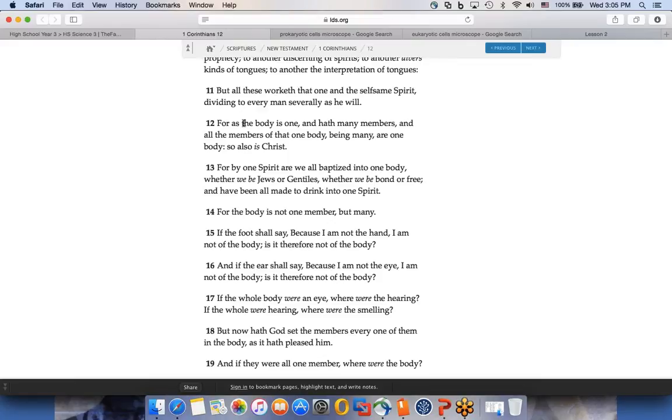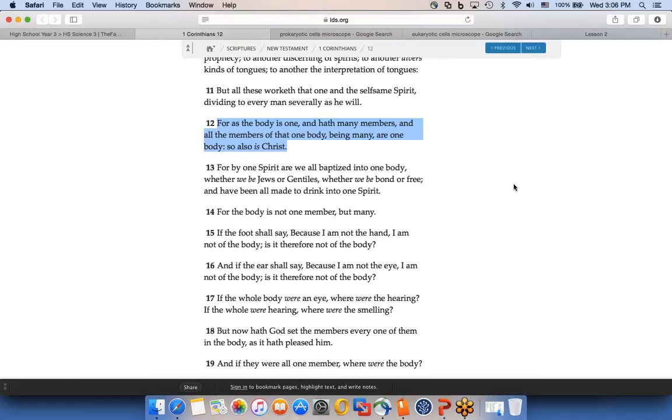It says, for the body is one and has many members, and all the members of that one body, being many, are one body. So also is Christ. Paul makes the analogy between the body and its members and the church of Christ.